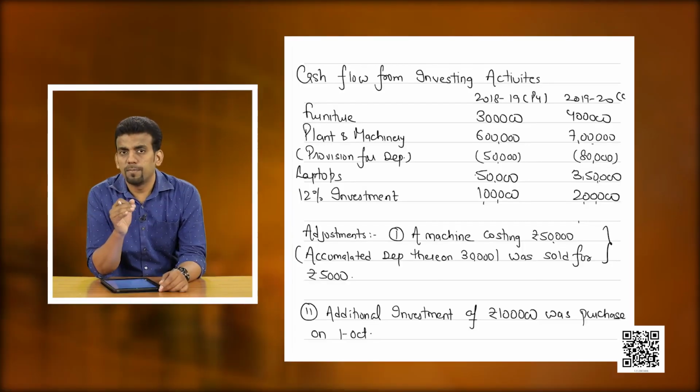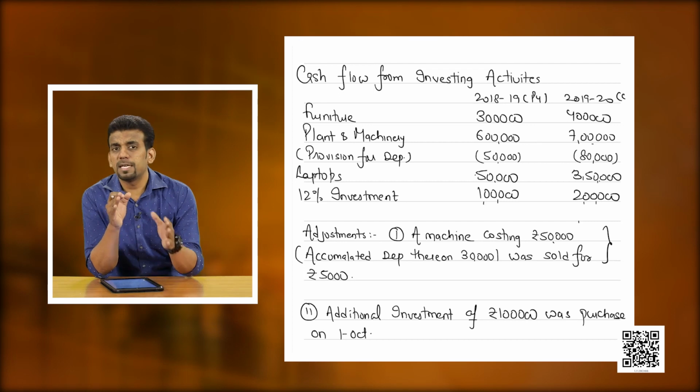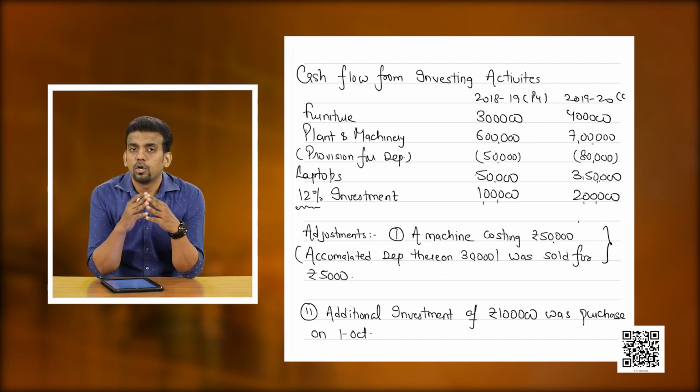And here you have a rate of interest mentioned, 12%. 12% means this investment is going to attract 12% interest. So what do we have to do? We have to see how these fixed assets have increased or decreased, and whether this investment has attracted interest or not. If yes, then on which amount? Let us start one by one.